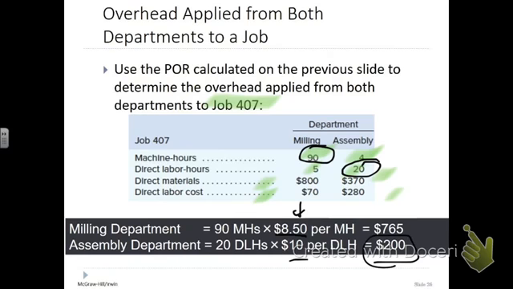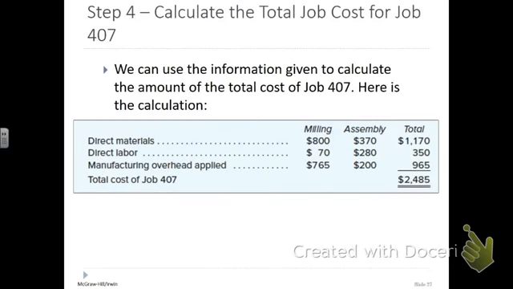Notice that they used machine hours, and those are probably going to be irrelevant. So they take the direct materials, they take the direct labor, then they take the manufacturing overhead, and that becomes the total job.